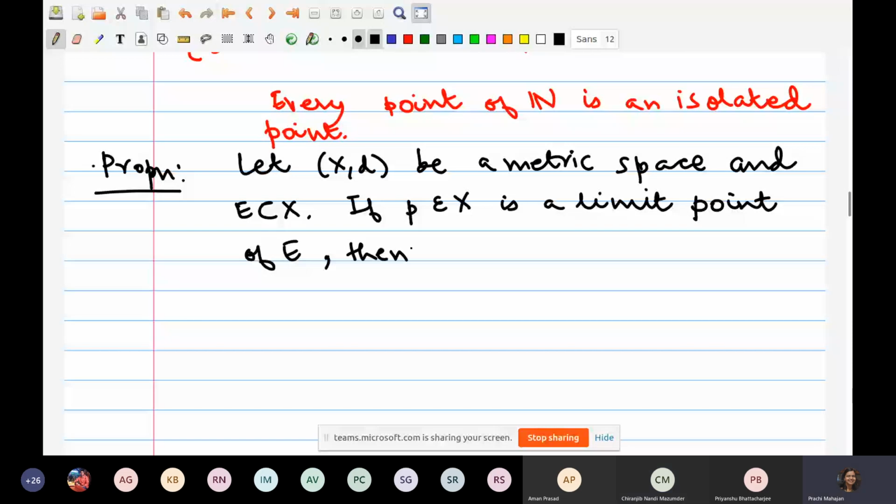I'm just saying the definition one more time. So the proposition says that much more is true: every neighborhood of p in fact has infinitely many points of E.